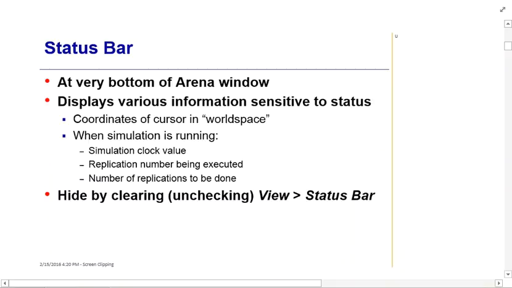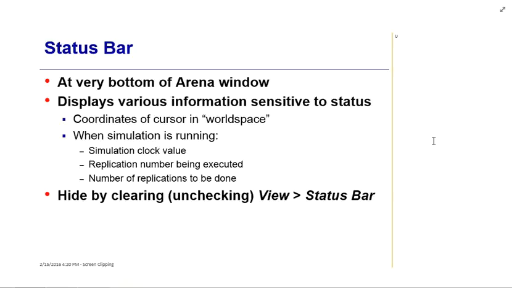Another window or bar that's on the screen is a status bar, which is at the bottom of the Arena window. And that just gives you some information relative to the run speed and number of entities through your system. It gives you the simulation clock value, which you can utilize again as a system variable and make decisions on.